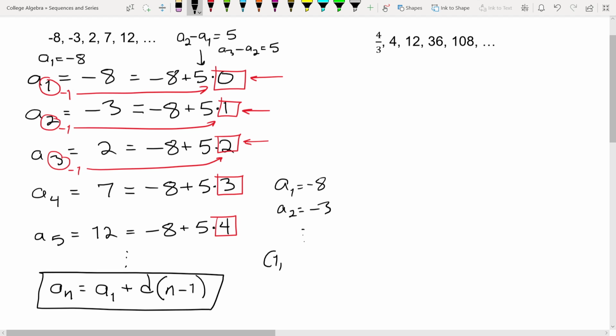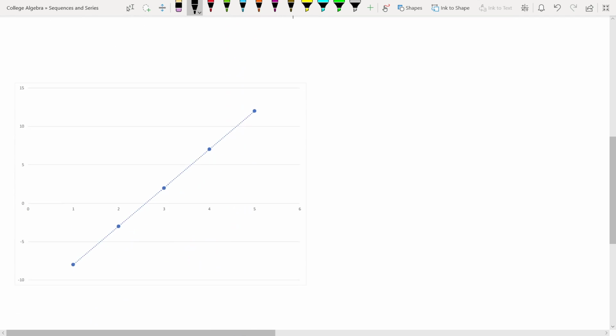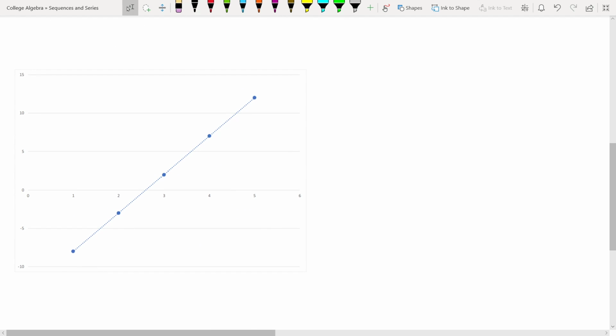Namely, A1 is (1, -8). A2 is (2, -3). A3 would be (3, 2), and so on. If I do that for all 5 of these, I can create this little graph here. And I've created a line to go through it because it follows this trend.